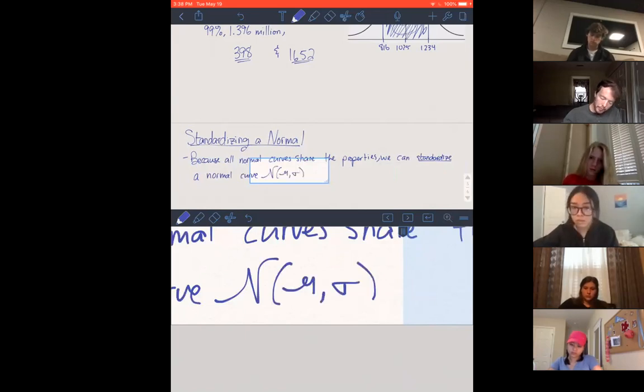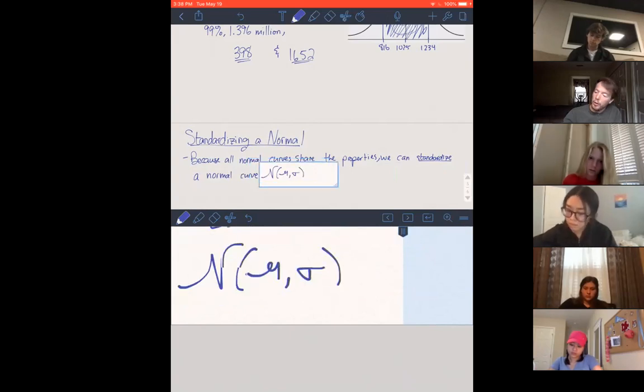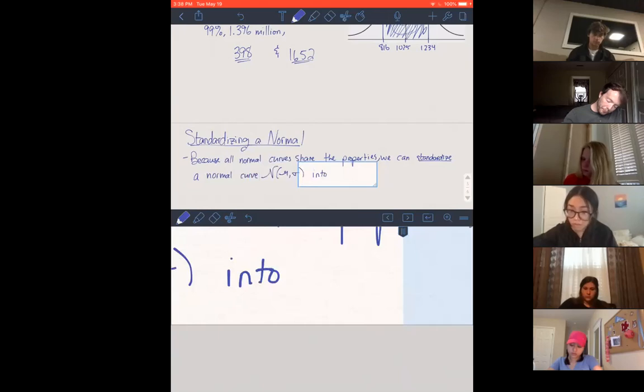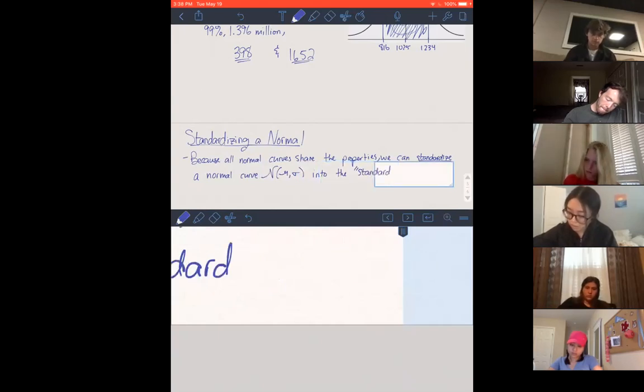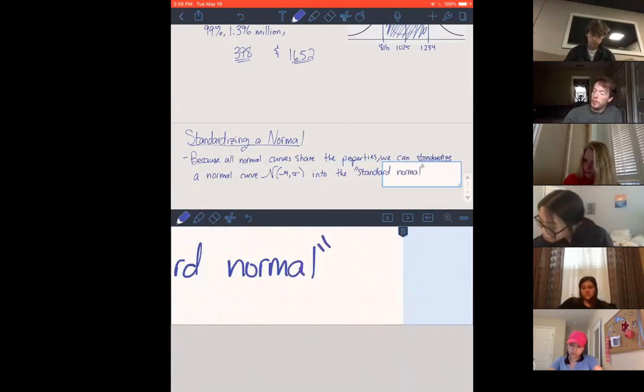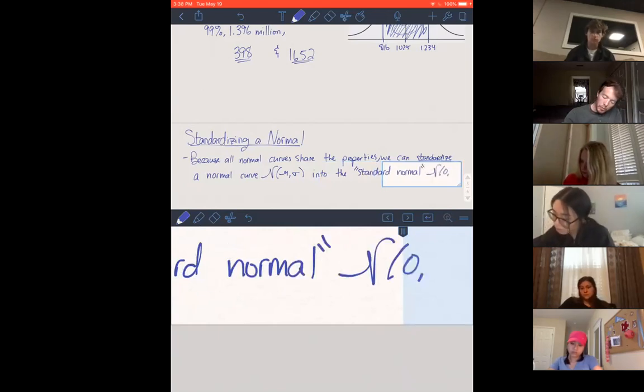That's how you would read this. So we can standardize a normal curve into what we call the standard normal curve, which we denote N(0, 1).